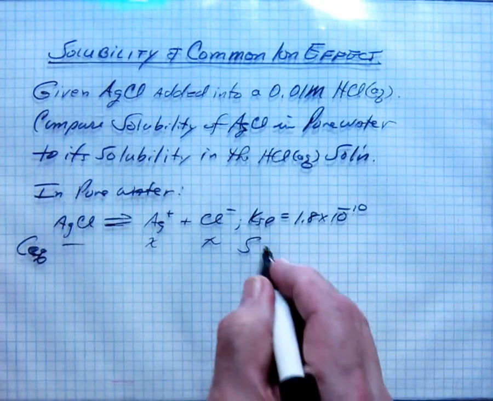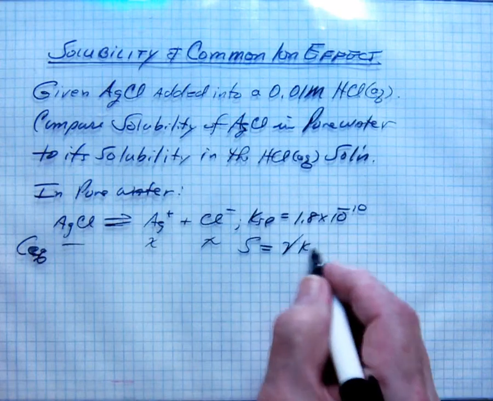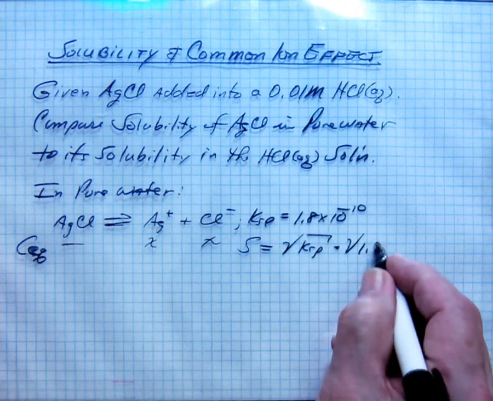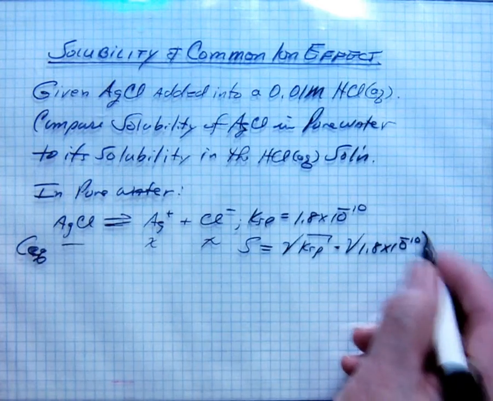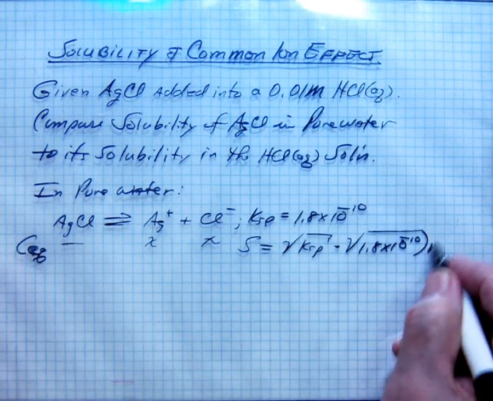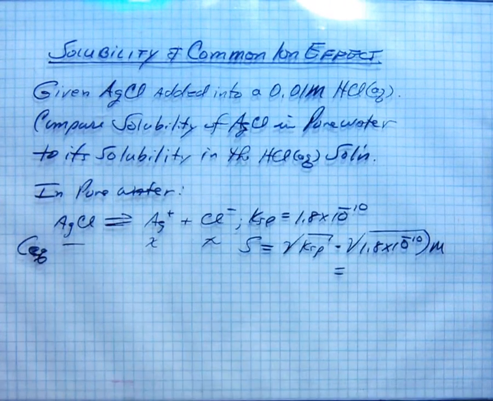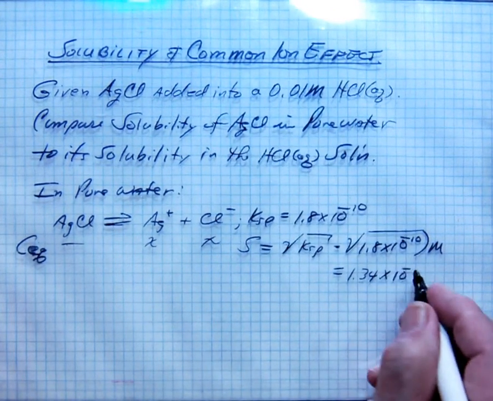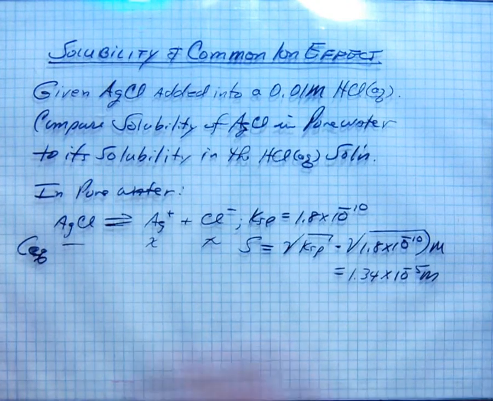So solubility is the square root of KSP for a 1-to-1 ionization, the square root of 1.8 times 10 to the minus 10, in moles per liter, and that is 1.34 times 10 to the minus 5 molar in pure water.